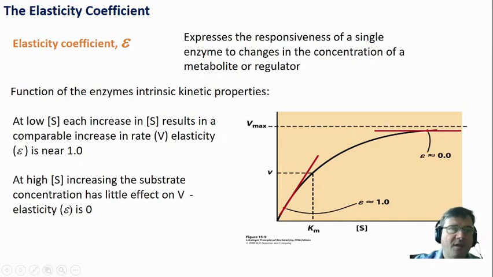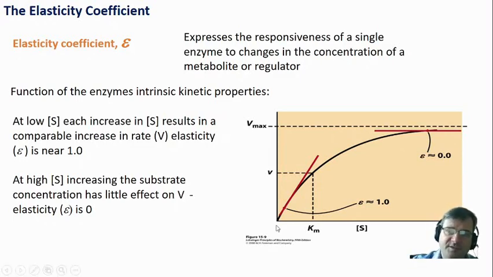Now, if you look at really high concentrations, say 10 times above the Km, up here, then if you increase the substrate concentration, you're not seeing any difference in rate, because the substrate here is well in excess of the enzyme concentration, and the enzyme's going flat out. It's approaching Vmax. So no matter how much you increase the substrate concentration, you're not going to increase the velocity.